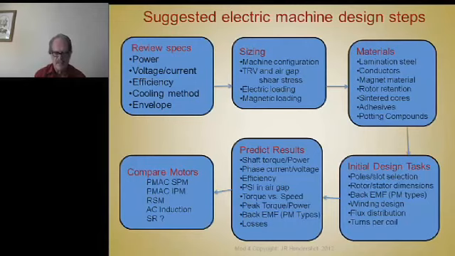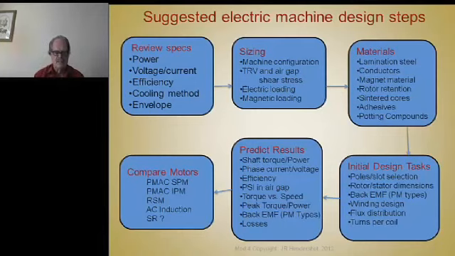After you pick the materials, they involve the number of poles, the number of slots, the rotor and stator dimensions, the details of the rotor stator dimensions, back EMF wave shapes, winding design, flux distribution in the circuit, and finally how many turns per coil you need.